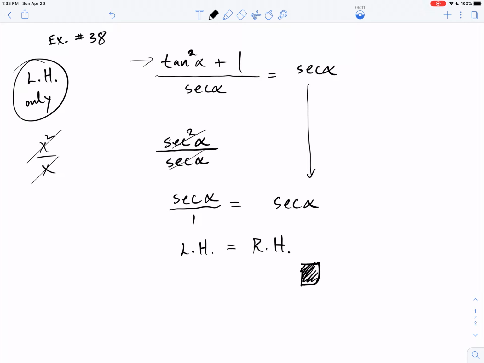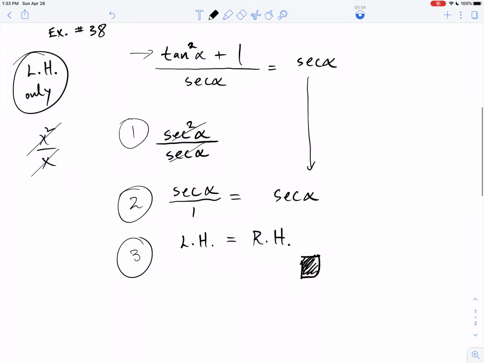But as you can see, I went one step, two step, I was done. By the time I got to there, they equaled each other. If you're doing anything that takes you 8 steps or more, you picked the wrong way to go. None of the problems I picked out you should have to do that many steps to get done. So here we go. I'm going to look at another one.